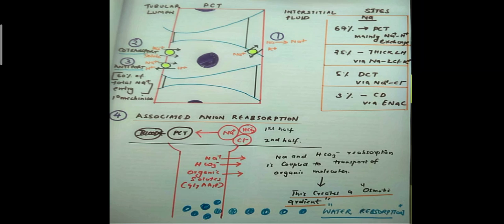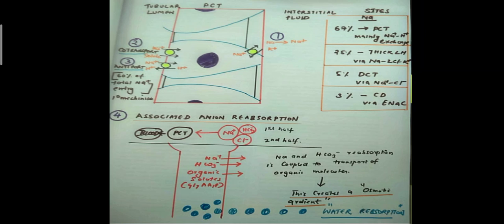So in short, sodium absorption is favored by, first, sodium potassium ATPase in most part of the tubule. Second, an extensive brush border on the luminal side of the membrane that increases the absorption 20-fold by carrier protein through facilitated diffusion.